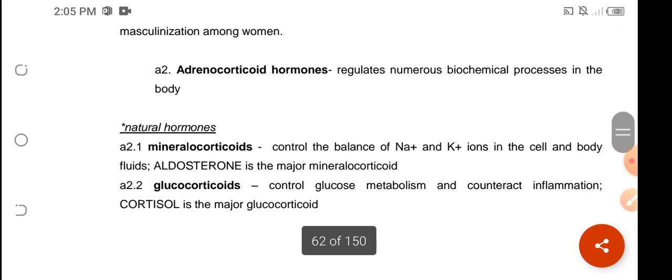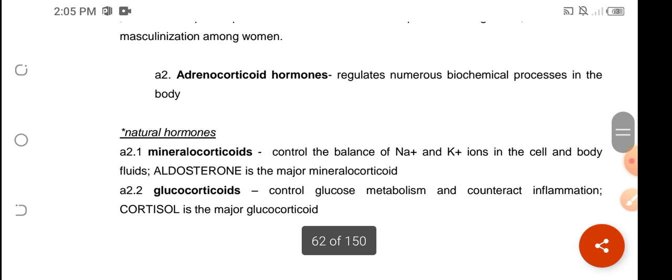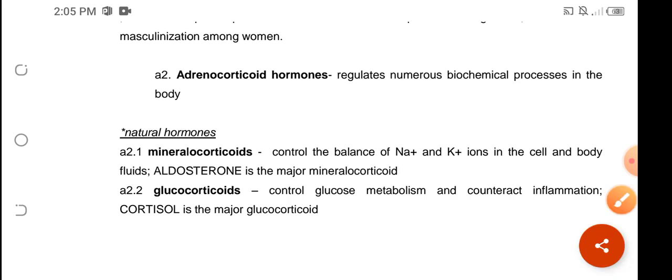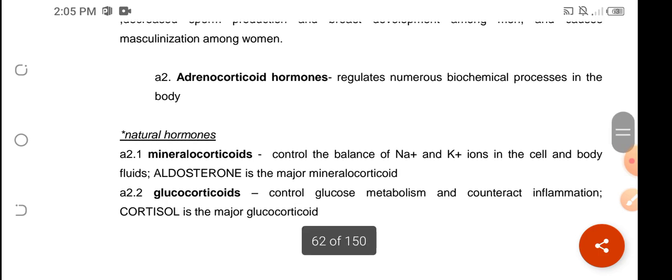Okay. Now, second are the adrenocorticoid hormones. Kanina yung first natin ay the sex hormones. The next steroid hormone is the adrenocorticoid hormones.